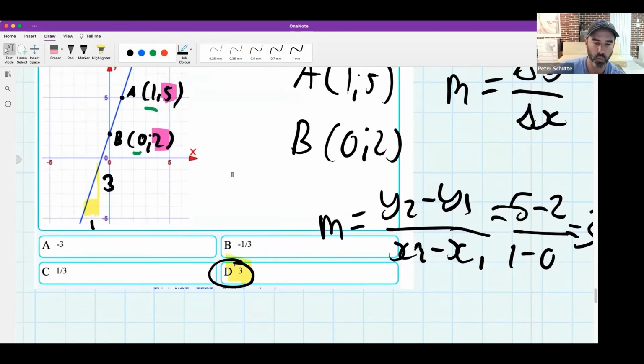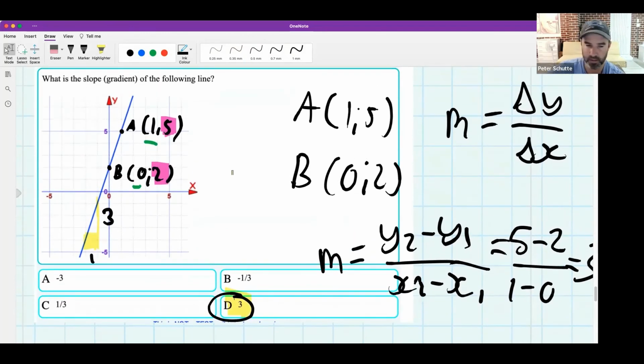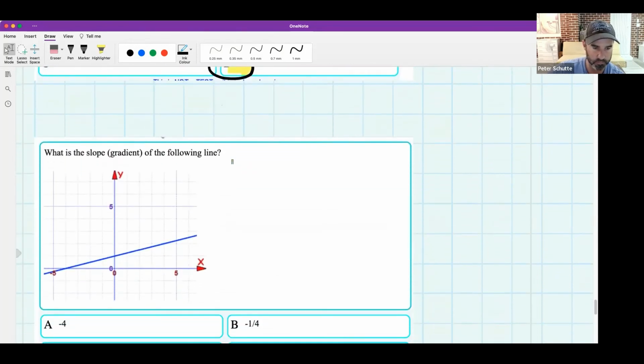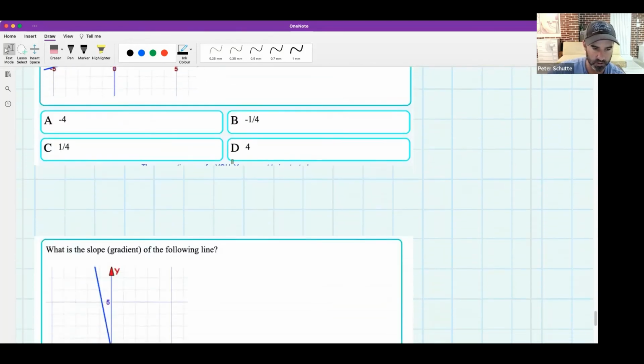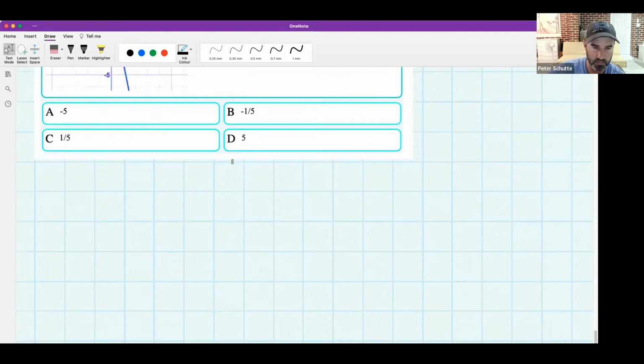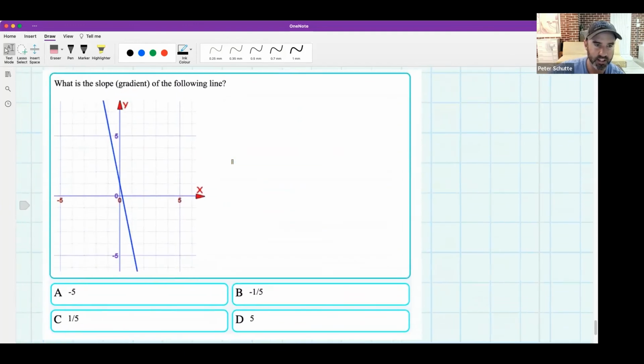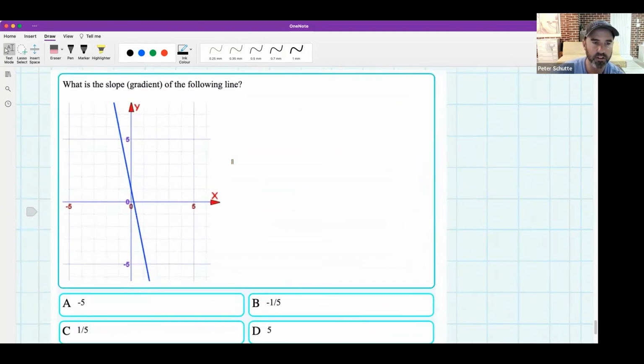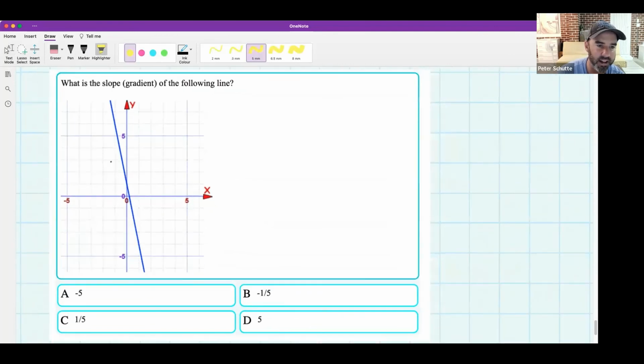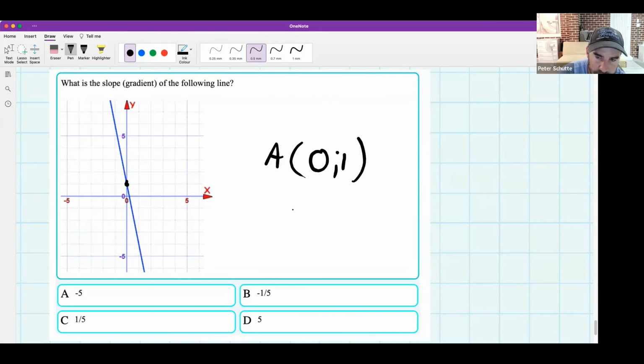Okay, let's squeeze in one more question, if there's time. Actually, no, I don't want that one. Let's get this one. What is the gradient of this line? I will give you a point. The point over here is the point A, and that is the point 0, 1.